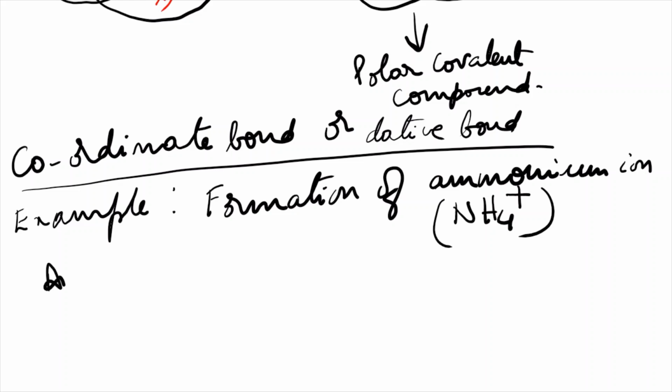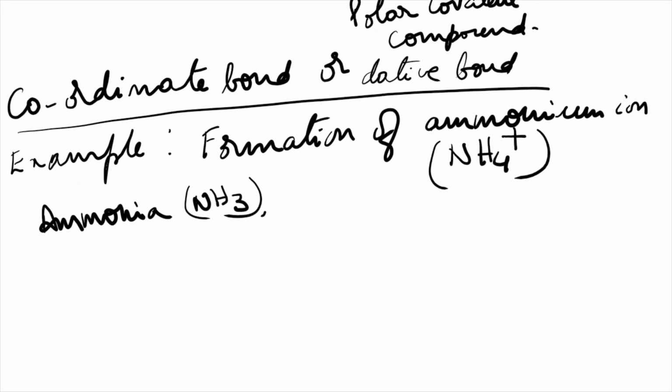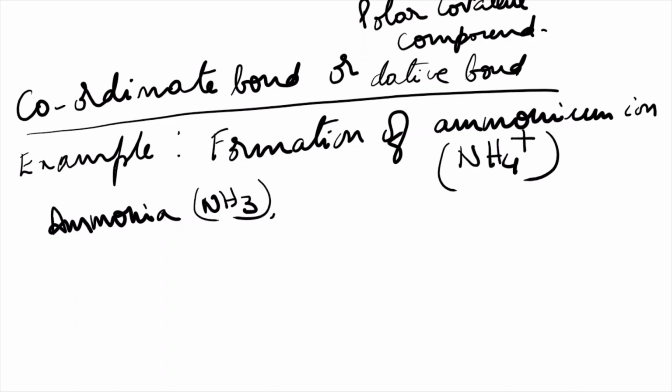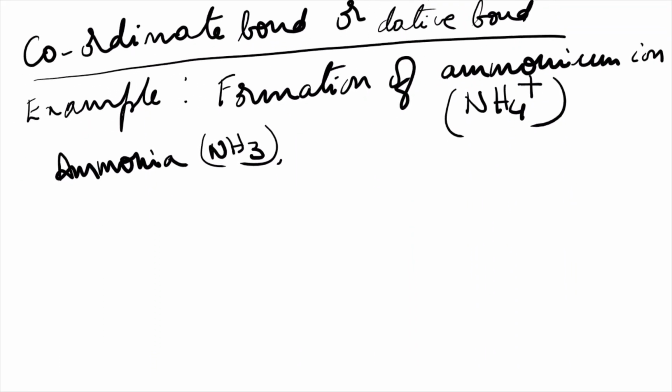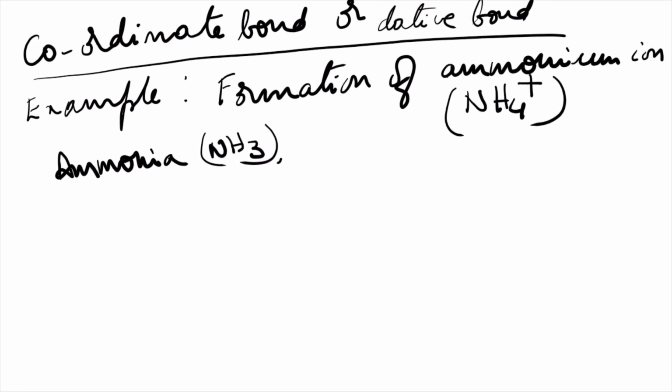Ammonia is NH3, which is a covalent compound. Ammonium ion is a radical or an ion, NH4 plus, with a unit positive charge. I have taught you how it is formed while teaching covalent compounds.